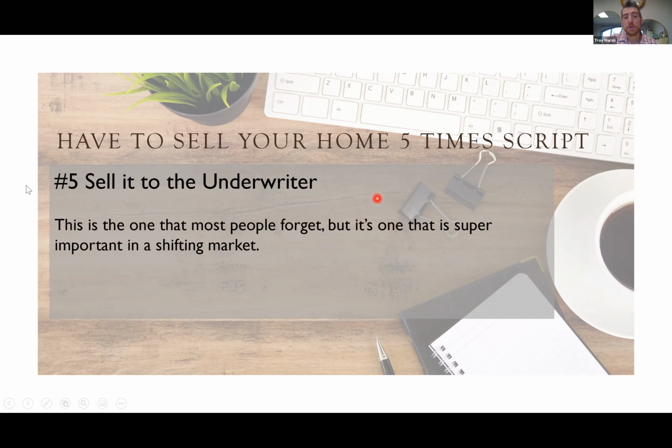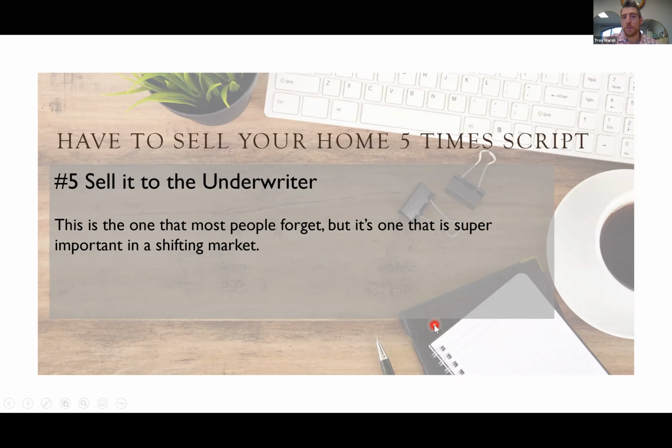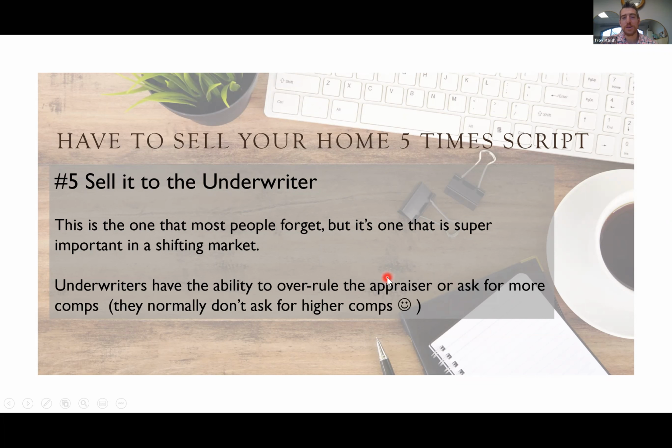I would say in a shifting market, they scrutinize comps a lot more. During 2008, 2009, 2010, when the market was going downward, underwriters often would send stuff back to the appraiser and say, hey, this 6-month-old comp isn't valid. I want something more recent because prices were going down. Now they're asking for older stuff to justify their lower prices. Kind of kidding, kind of not.